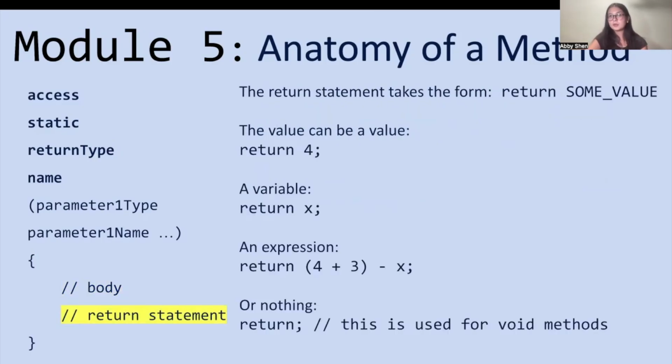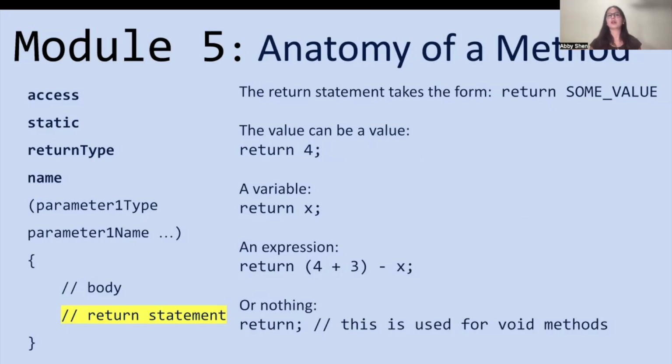And then, like I just mentioned about return statements, return is how anything escapes this method. Return can be a value like 4, which would be a fixed value, or it can be a variable. So let's say you take in a parameter and you do some kind of function or transformation on it and then return it.